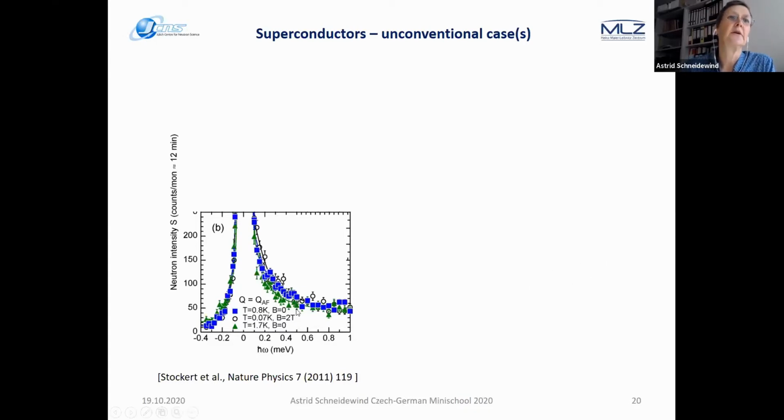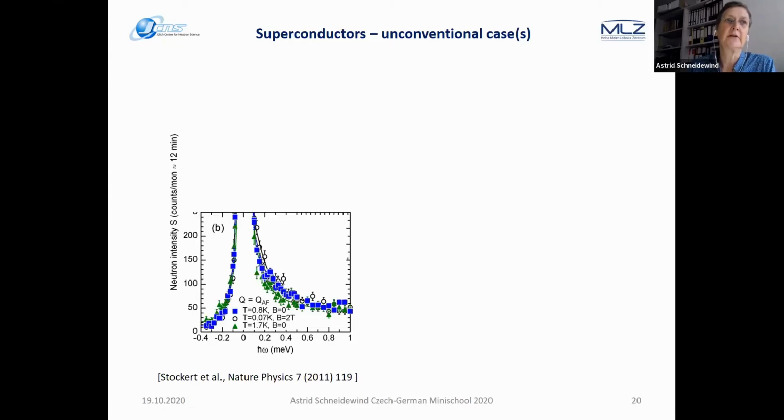If you go to the non-superconducting, paramagnetic state, you can see in the excitation spectrum, which is intensity over energy, at a point where in the ordered state we would finally find the magnetic propagation vector.